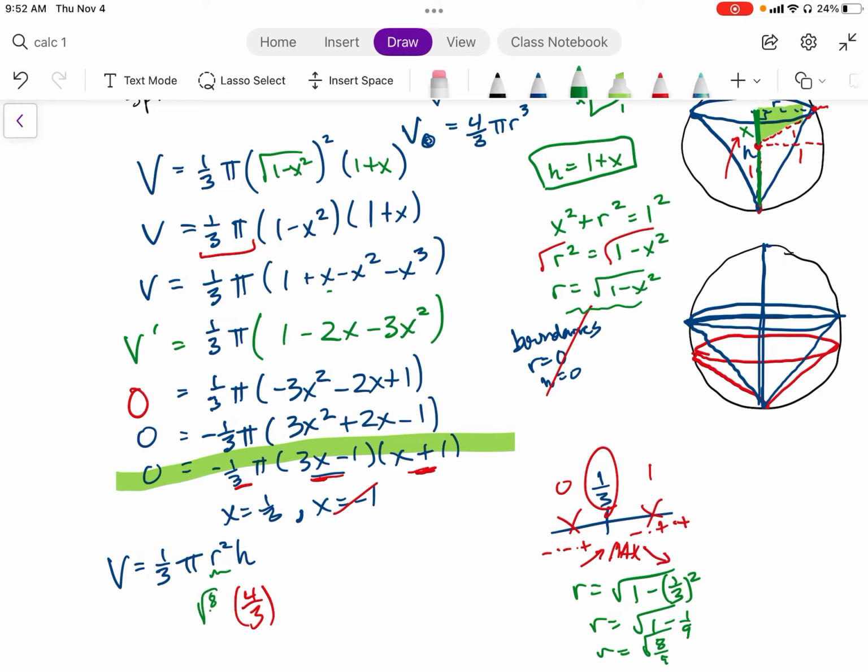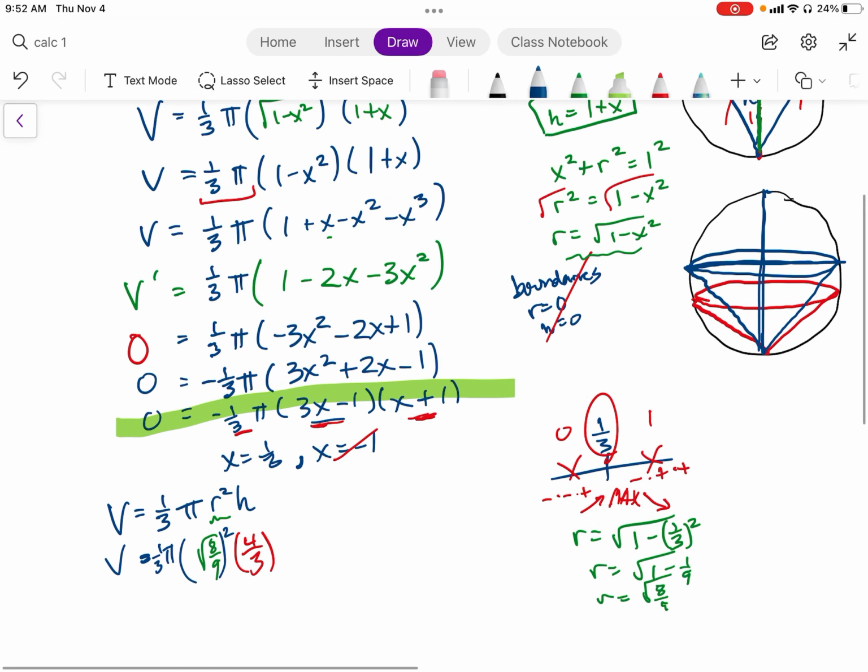We have 8 over 9 squared, 1/3 pi, and multiplying that through and wrapping this up, we have 1/3 pi times 8 over 9 times 4/3. I wish that something was going to cancel, but it doesn't look like it at all. So we get the volume is 32 pi over 81.